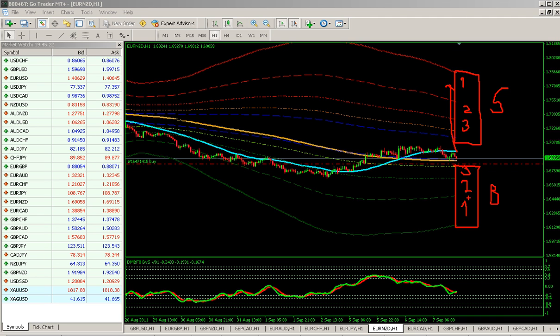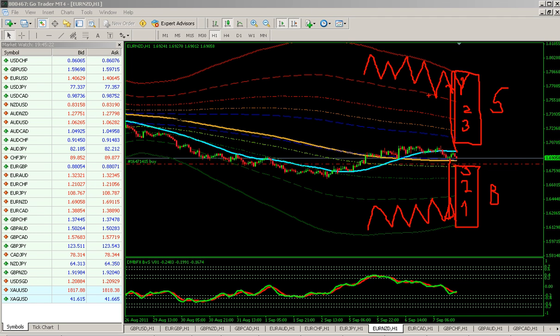The deeper it goes, the more probability of a successful trade you would have. So if the price goes down here, that would be an extreme buy zone, okay? And vice versa, if the price is up here in the sell zone 1, that will give you good circumstances for a sell, okay?